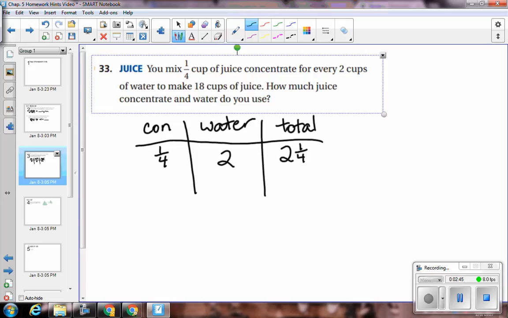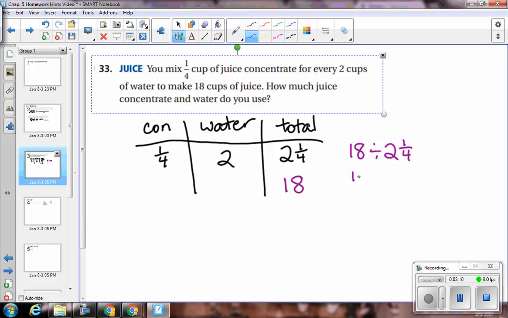And we're trying to make 18 cups total. So for our second row, we're going to need 18 as our total. So we have to find out how many groups of 2 1/4 there are in 18. So what you're going to want to do is take 18 and divide by 2 1/4 to figure out what you're going to multiply your recipe by.